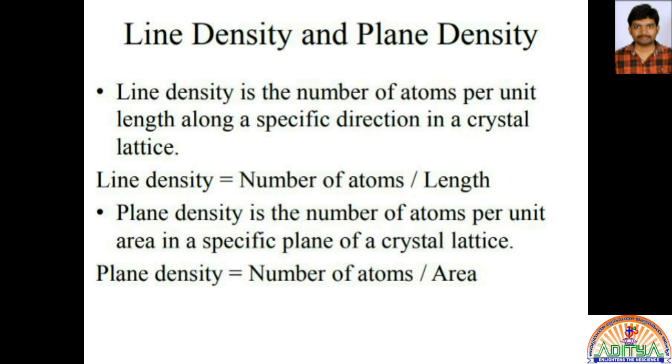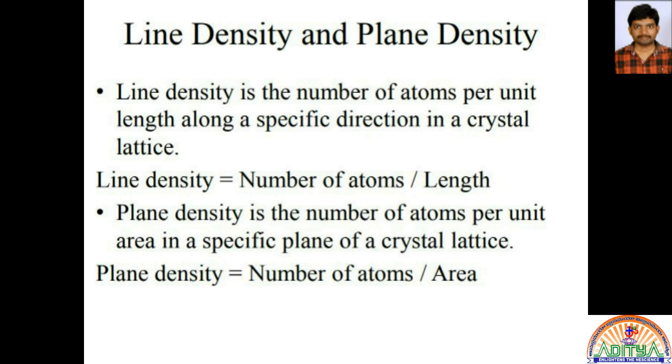Okay, so the line density along a specific direction is related to the plane density of the plane perpendicular to that direction. So the main importance here, understanding the relationship between line density and plane density is important in understanding the properties of materials. So these are the basic definitions of line density and plane density.